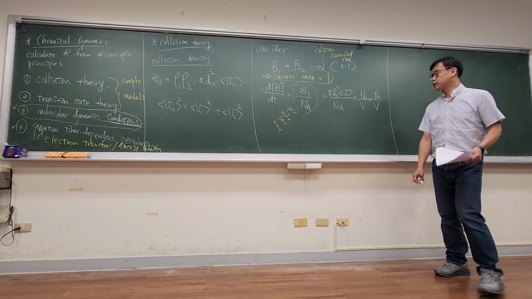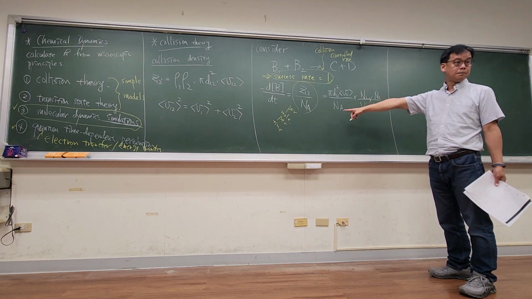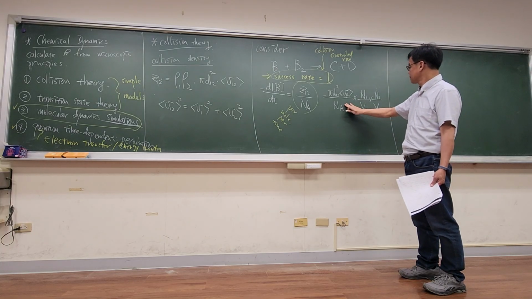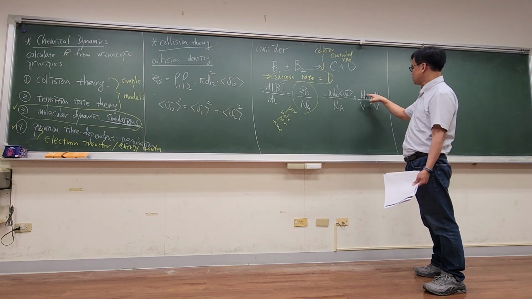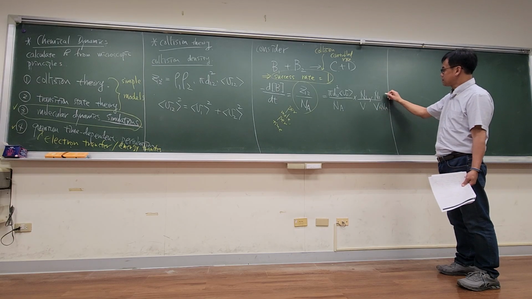And what we would like to do is make this into concentration. The way we do it is we move this here, but we need another Avogadro number here.